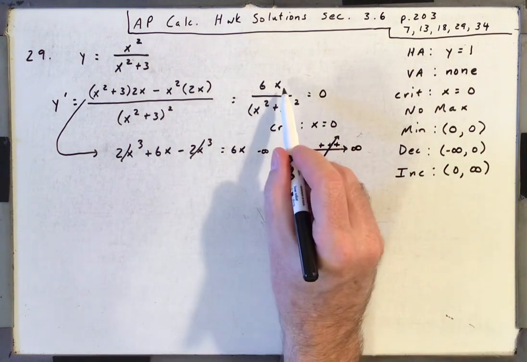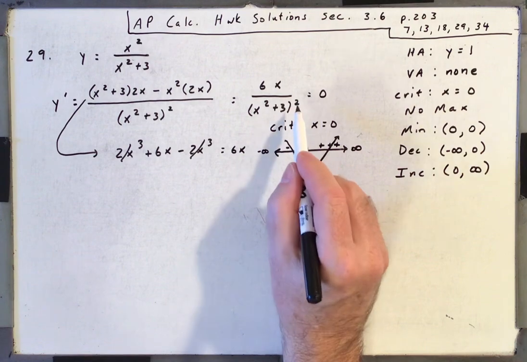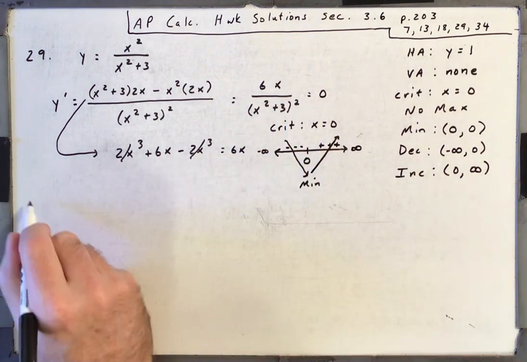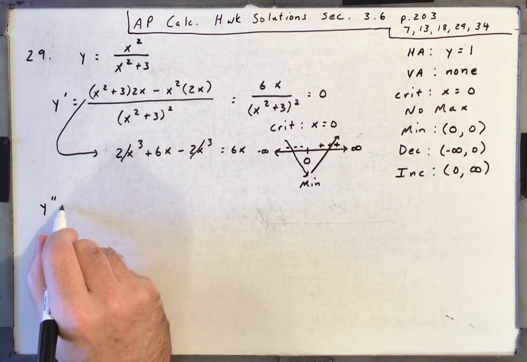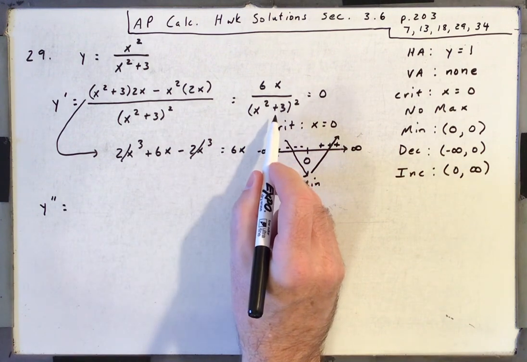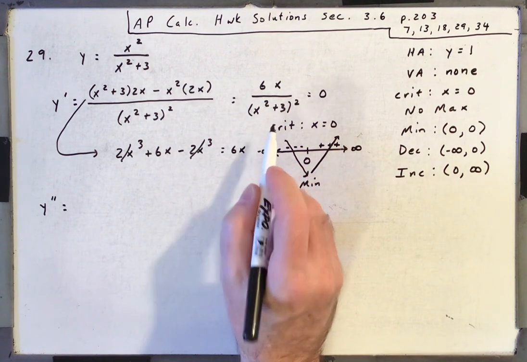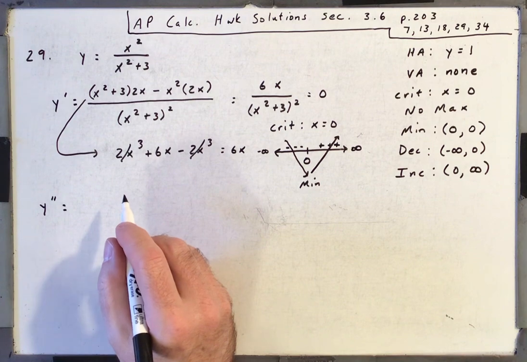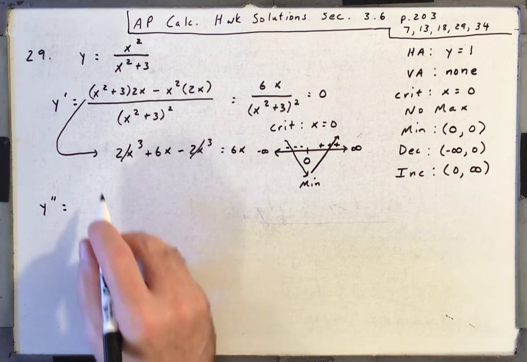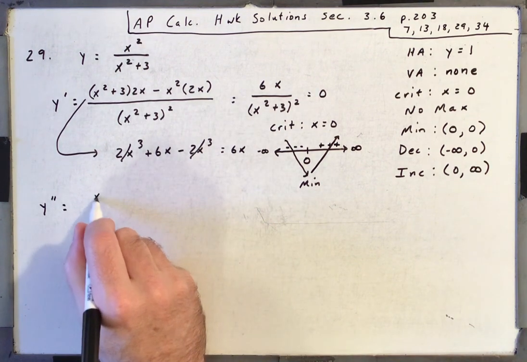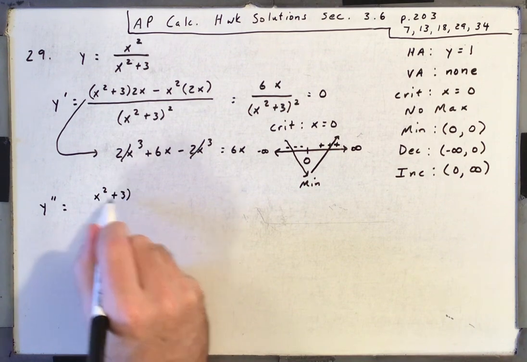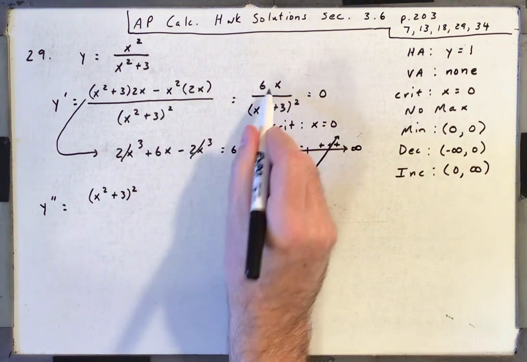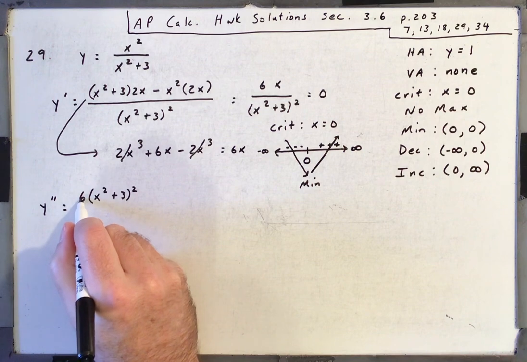All right, I've got to take this right here and take the derivative of it to get y double prime. So it's going to be the bottom, x squared plus 3 all squared, times the derivative of the top, which is 6, which I'm just going to go ahead and put out front.